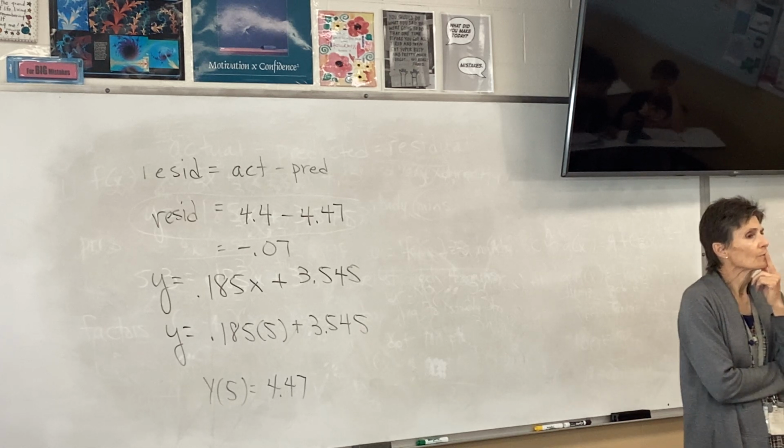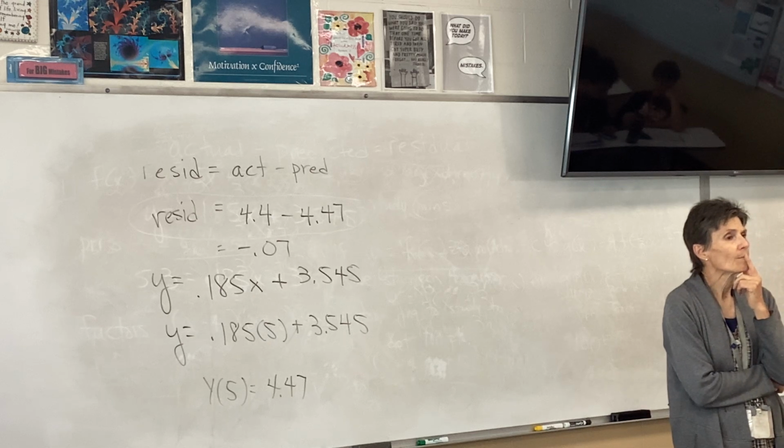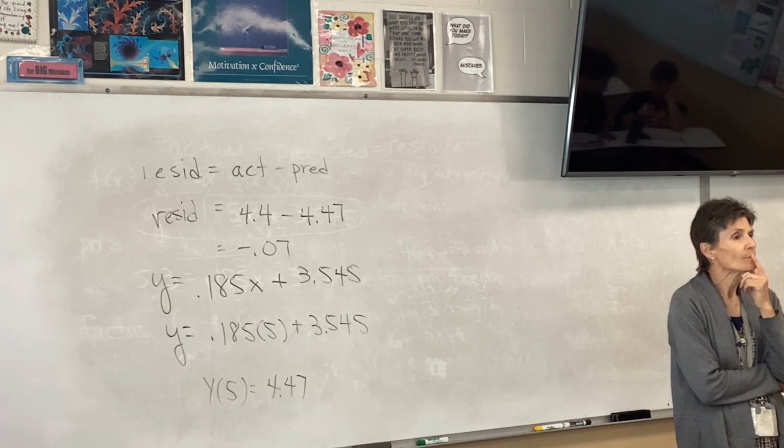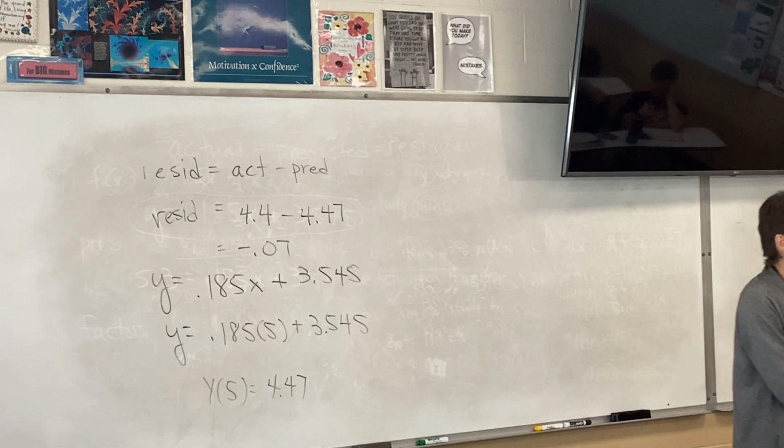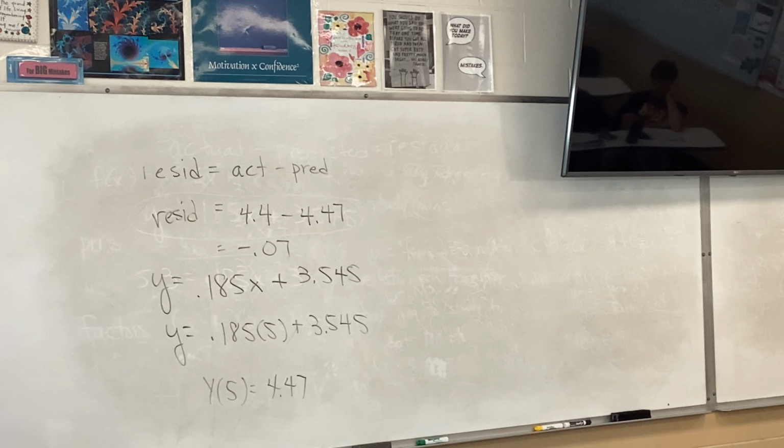It means the predicted value is higher than the actual value. So in other words, the model overestimated. The model thought the baby would be slightly heavier than he actually was.